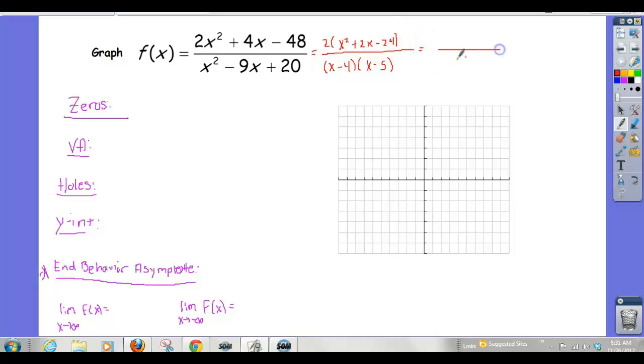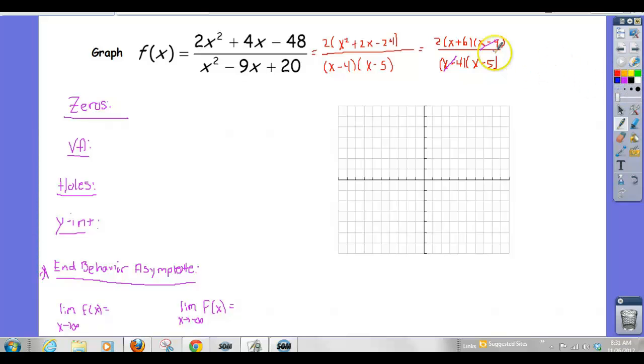And then we can continue further. The bottom is still x minus 4 times x minus 5. And then the top is, there's that 2 out there, and then you've got x plus 6 times x minus 4. And here you notice that these two factors divide. And do this.